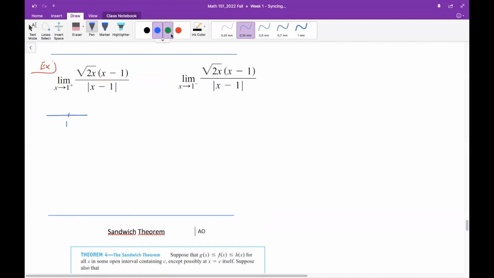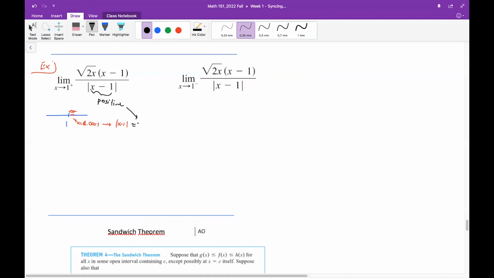The point 1 is here and we approach 1 from right. So you can put x values like 1.1. Then what can you say about the value of this absolute sign? The inside, the difference x minus 1, when x is greater than 1 and you approach from right, is positive.